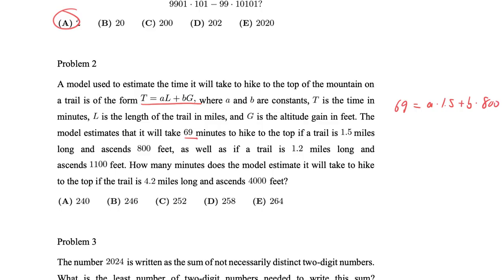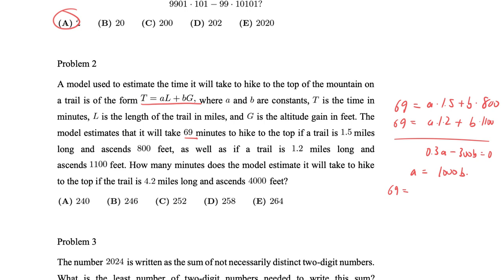And then on the other hand, we have the same for if the trail is 1.2 miles and ascends 1,100 feet. So here we can just do a subtraction to get 0.3a minus 300b is 0. So then we would get a is equal to 1000b, and we can just plug this back in here, and we can solve for b actually.